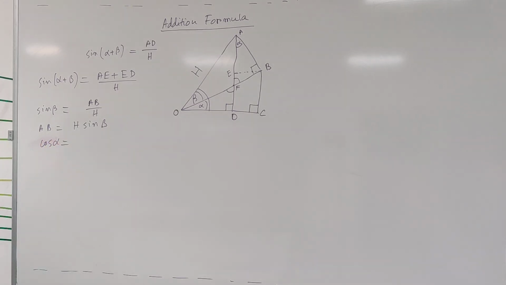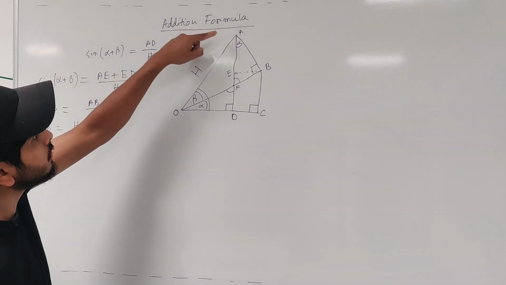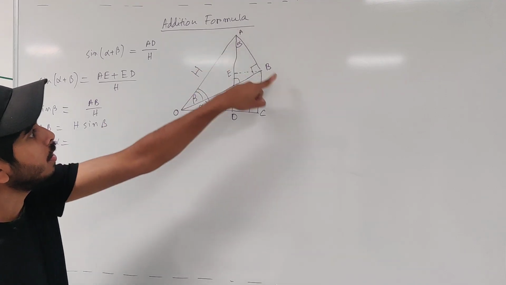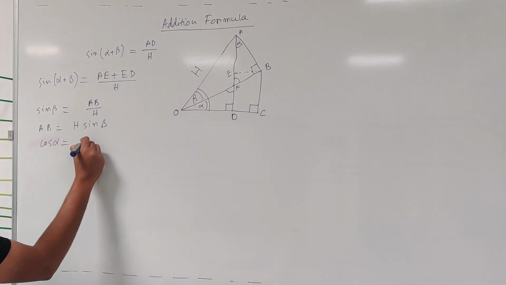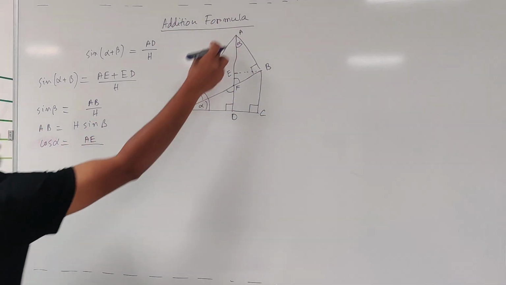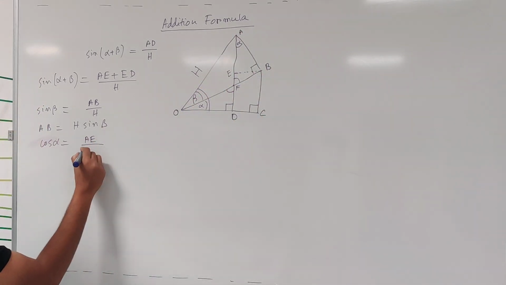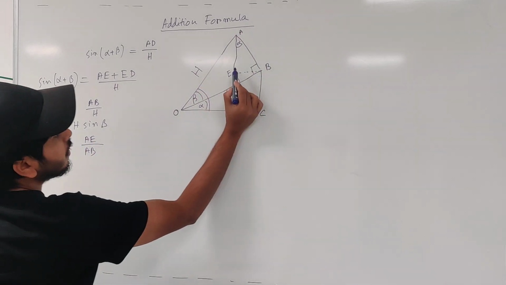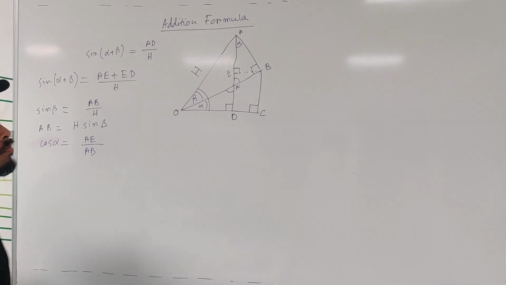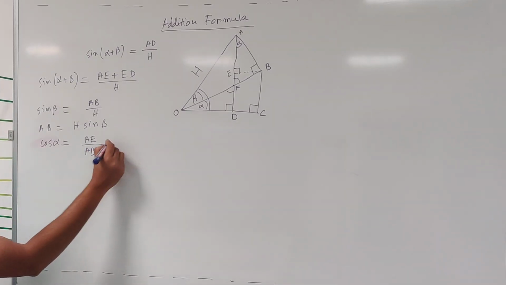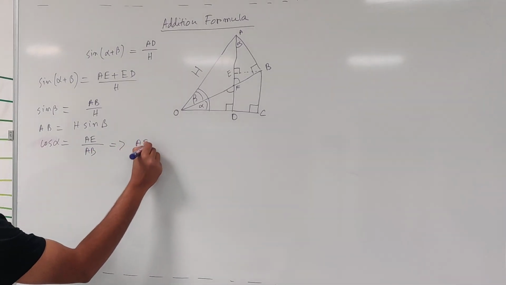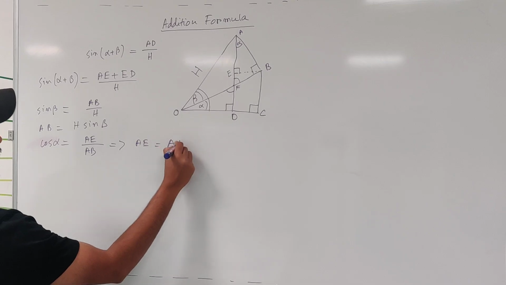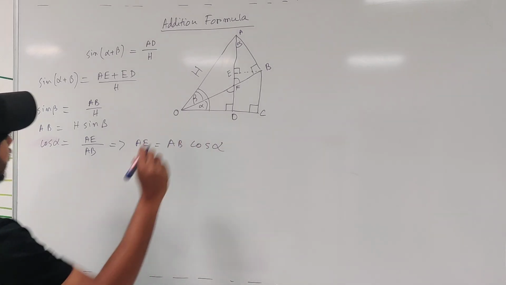May not be obvious directly if I write AE. Cos alpha is AE over AB, which is the hypotenuse. So AE, which is this guy, over the hypotenuse AB. This is a right angle as well. So this is the hypotenuse. Okay. So this gives me AE equals AB cos alpha.